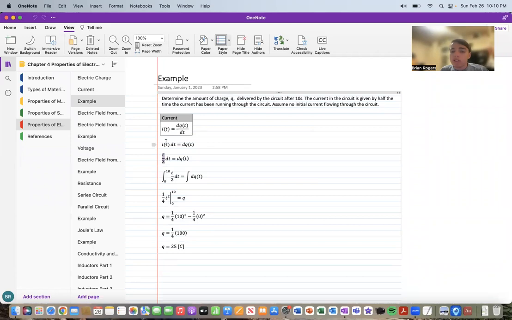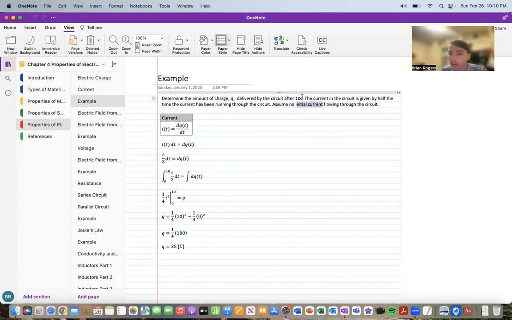What we're going to do is take the integral, because we have to determine how much charge is flowing through the circuit. In order to solve in terms of our charge, you're going to take it from 0 to 10 because there was no initial current.